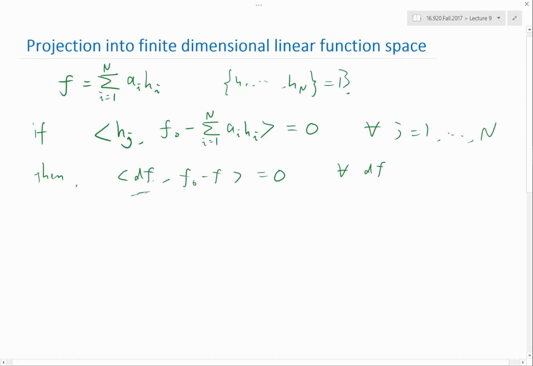Because any df can be represented as a linear combination of these h_j's. So if all of these are 0, then a linear combination of these zeros should still be 0, and I have this statement, right?